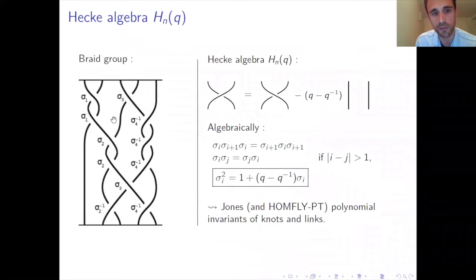Then you have sigma 2, sigma 3, sigma 4. If the strand on the left goes under the strand on the right, it's the inverse actually of sigma 4, so sigma 4 inverse. And so as a whole, sigma 1, sigma 2, sigma 3, and sigma 4 generate the whole braid group on 5 strands.